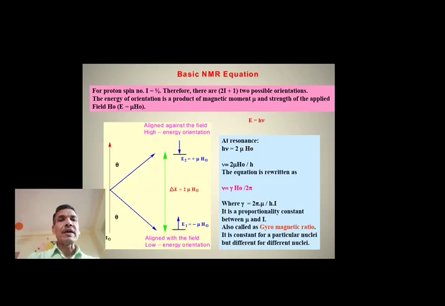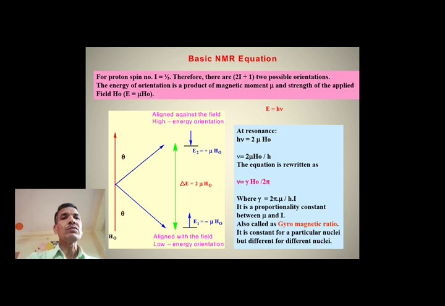Dear students and friends, yesterday we were discussing the theory of NMR spectroscopy. We have discussed the basic equation of the NMR spectrophotometer. In NMR spectroscopy, for a proton with spin number I equal to 1/2, there are 2I plus 1 possible orientations.